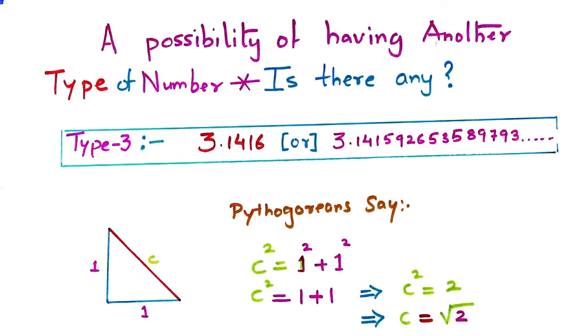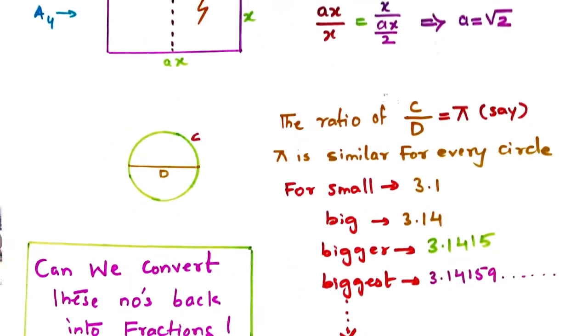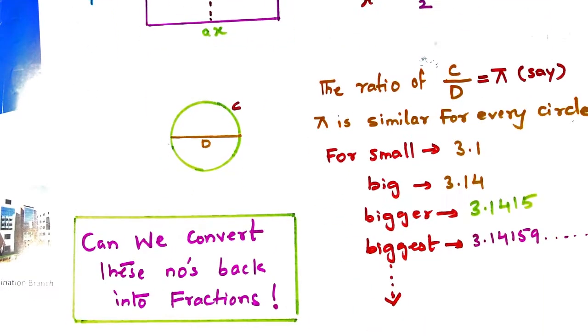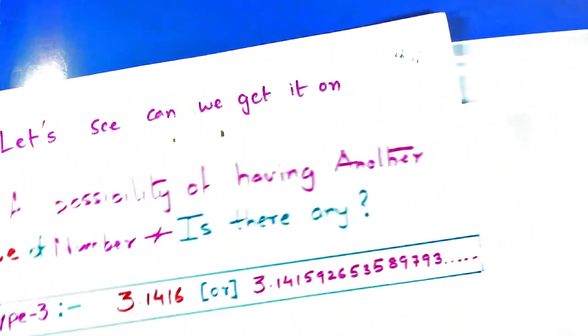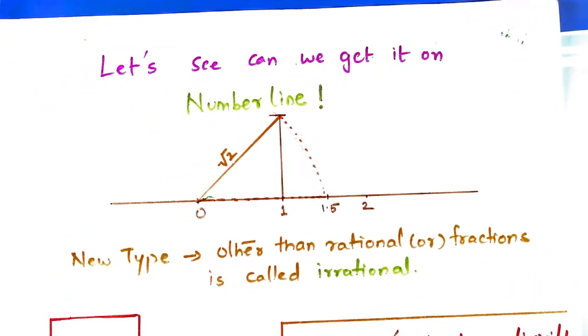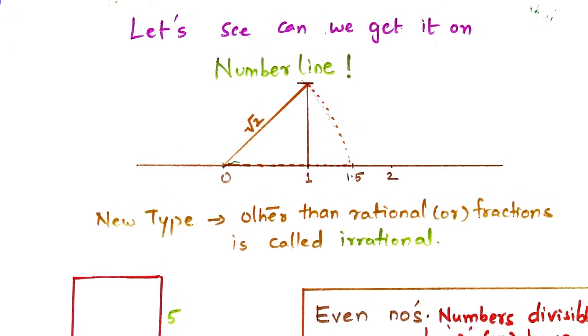Okay, for the sake of argument, can we convert these types of numbers, these root numbers, back again into fractions? Can we do that? Okay, in order to convert decimal numbers back again to rational numbers, we have three methods, right?